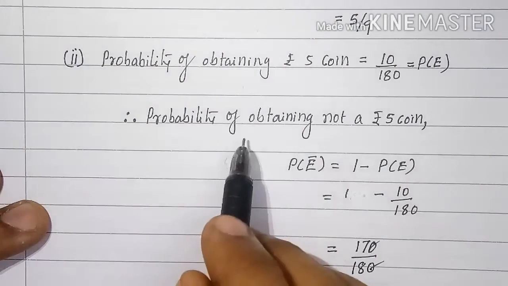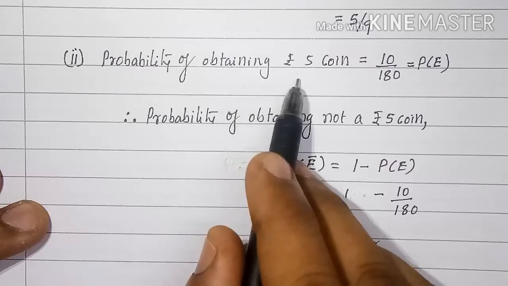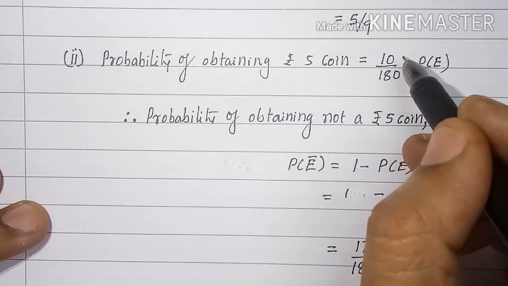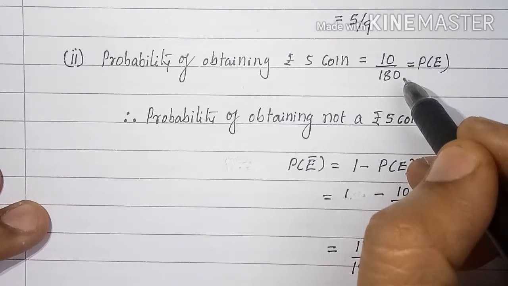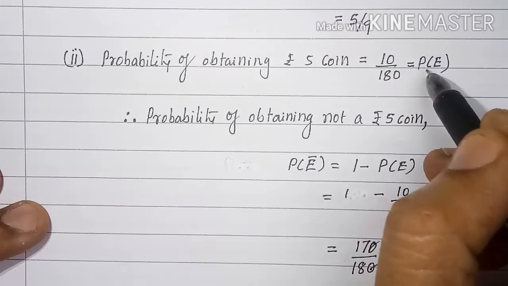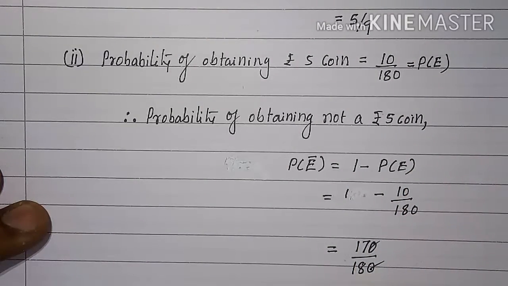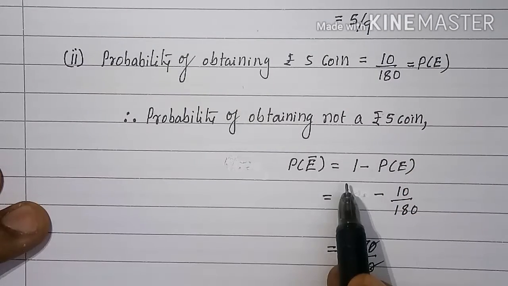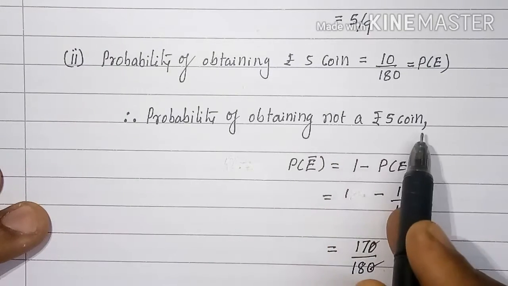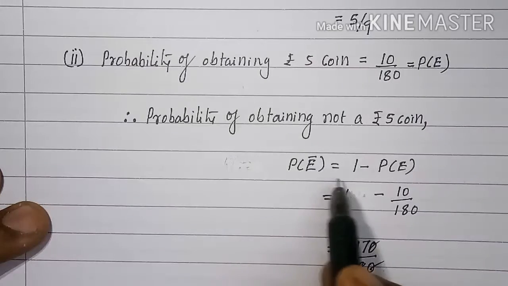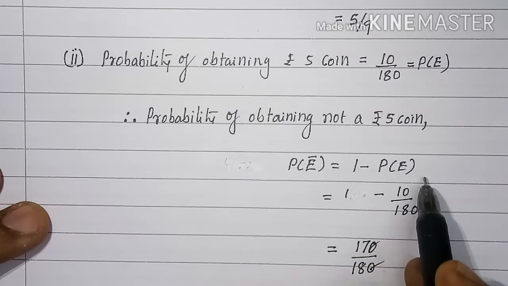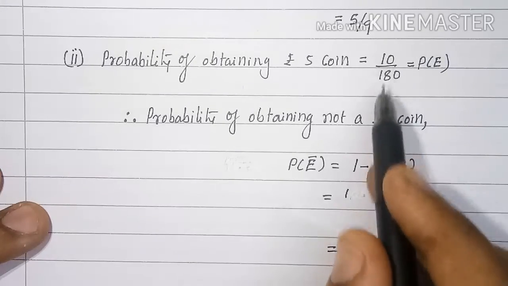Now probability of obtaining rupee 5 coin is number of rupee 5 coins divided by total number of coins, that is 10 by 180. Let us call it as P of E. Therefore, probability of obtaining not a rupee 5 coin, P of E bar is equal to 1 minus P of E, and P of E is 10 by 180.